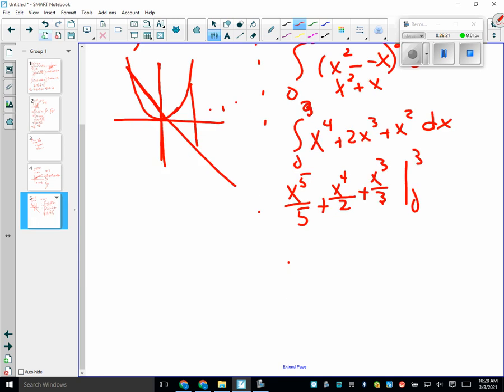Yeah. 243 over 5 plus 81 halves plus 9. This is a calculator one. Said it was not. I know, I messed up. Good thing it wasn't 9. We're done about 5 steps ago. So you can do that on your calculator.